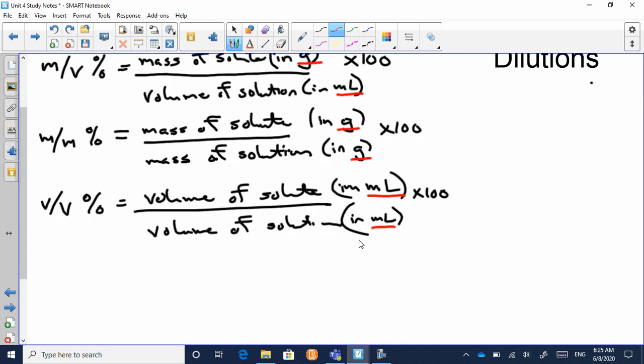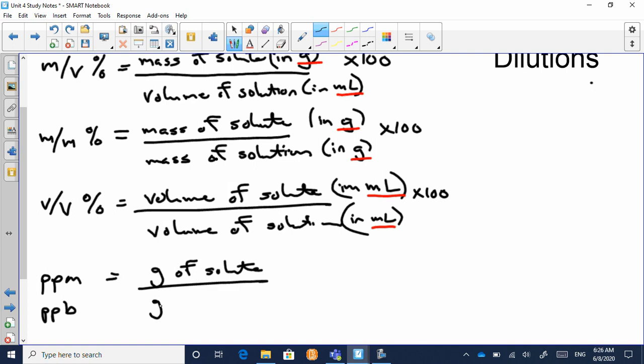The fourth one that again is not very common was what we call ppm, parts per million, or parts per billion. It's a little bit different. For parts per million and parts per billion, basically it's going to be the grams of solute divided by the grams of solution, but if it was parts per million, it would be times 10 to the 6th, and if it was parts per billion, it would be times 10 to the 9th.